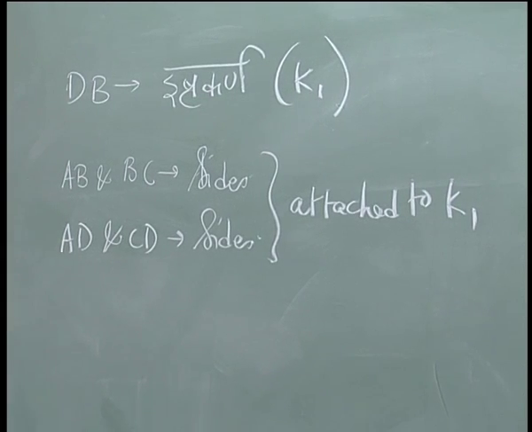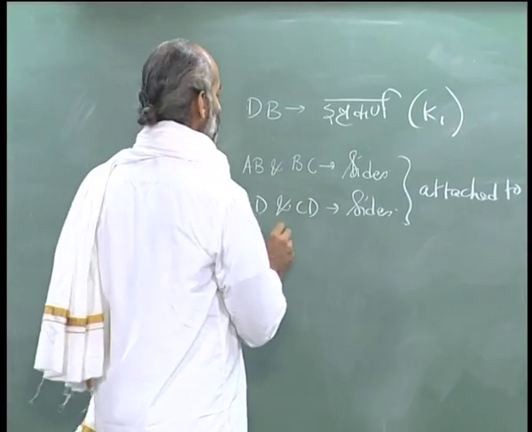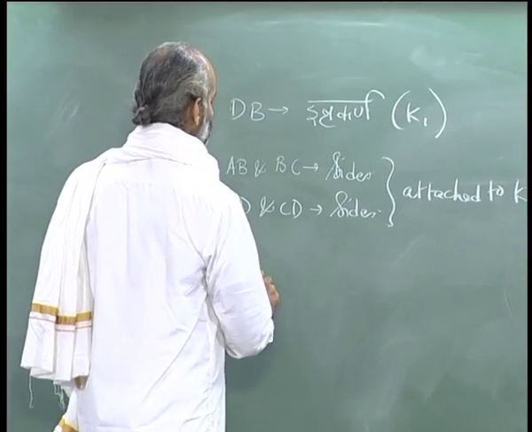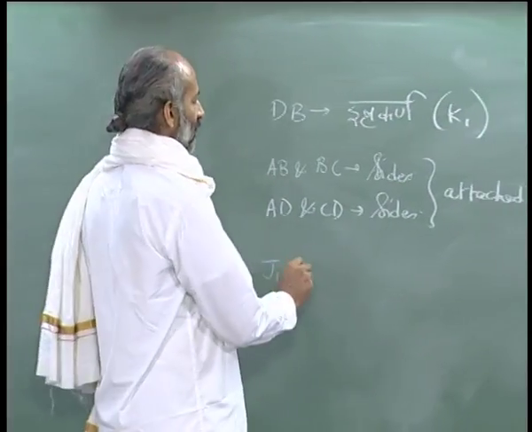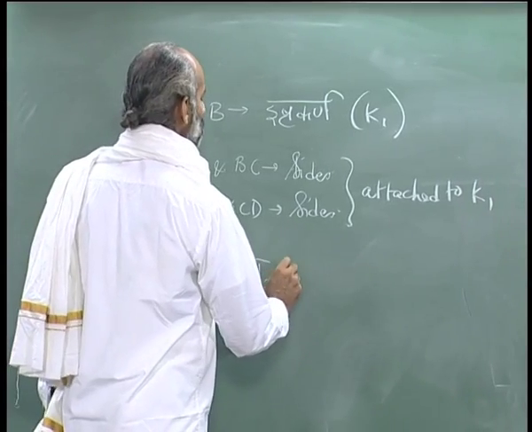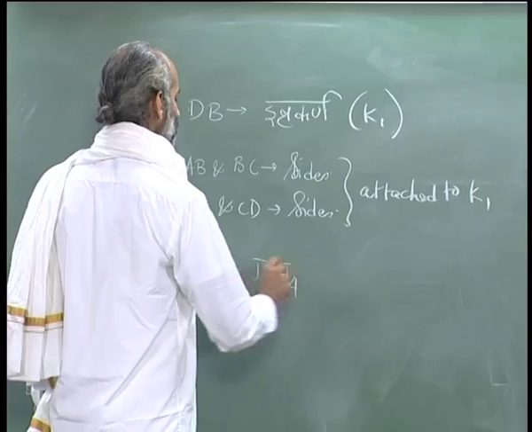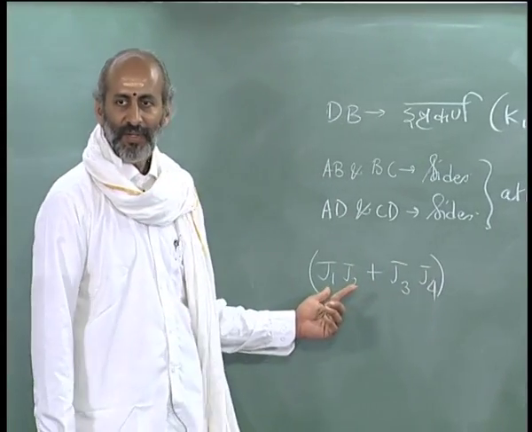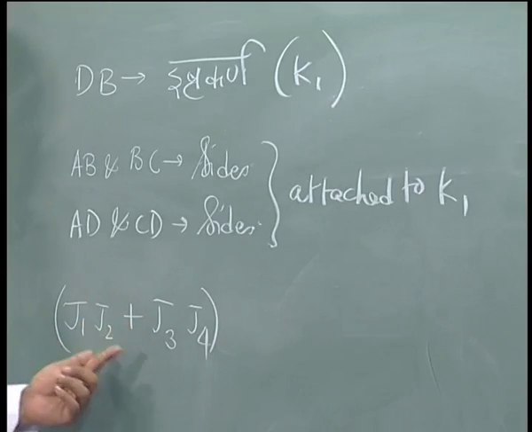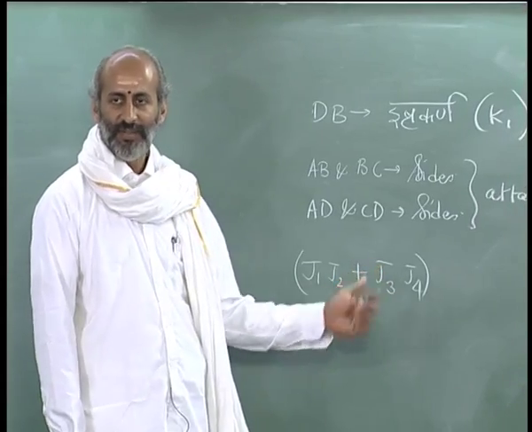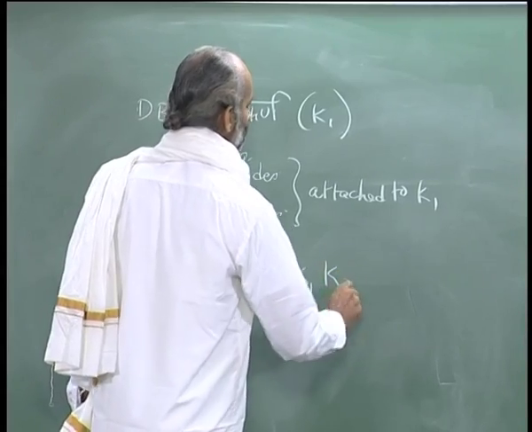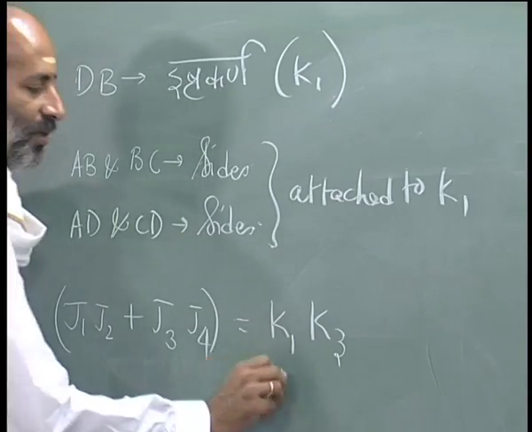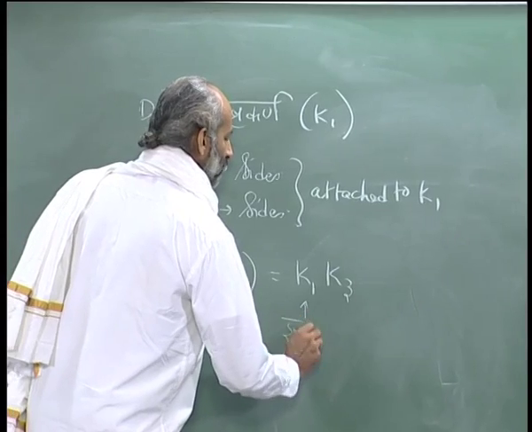All that it says is ishtakarnashrita bhujaghataikhyam is J1 J2, the product, and J3 J4, the sum of them. Karnashrita bhujaghata, both of them aikyam is add. So, this is equal to K1 into K3, that is, this is ishtakarna and this is bhavikarna.